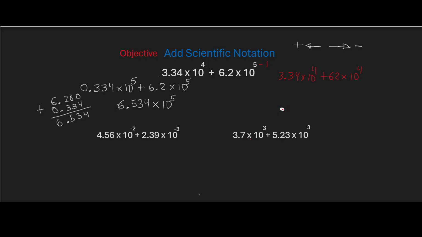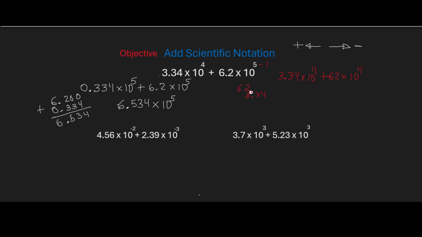Okay, now if I add it up, I'm going to be adding 62 plus 3.34. Remember, this is the whole number, so I can write it this way. Let me write it here. I'm going to write 62, and then the whole number here is going to be 3.34.